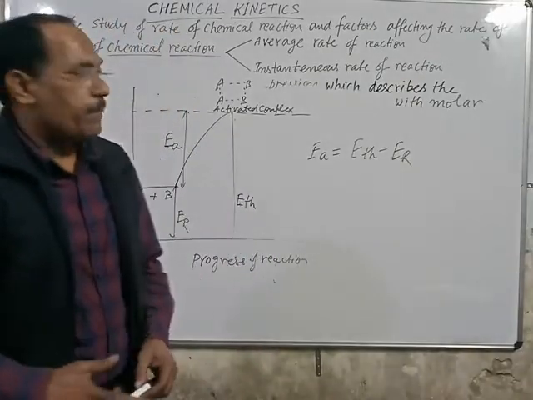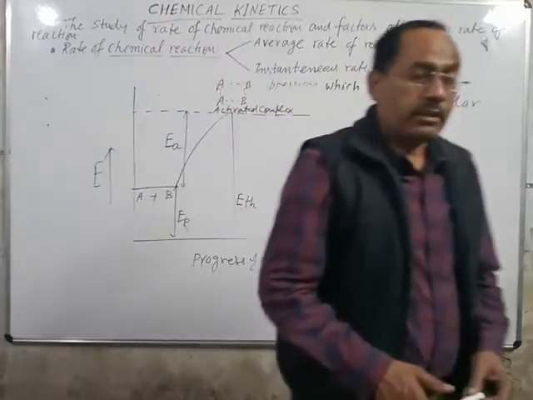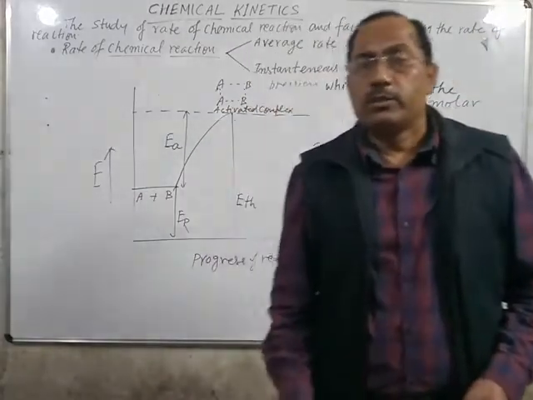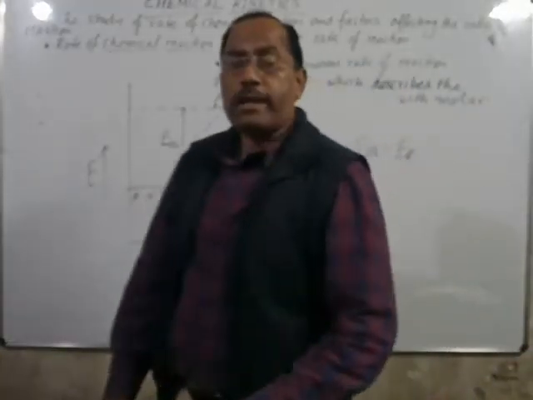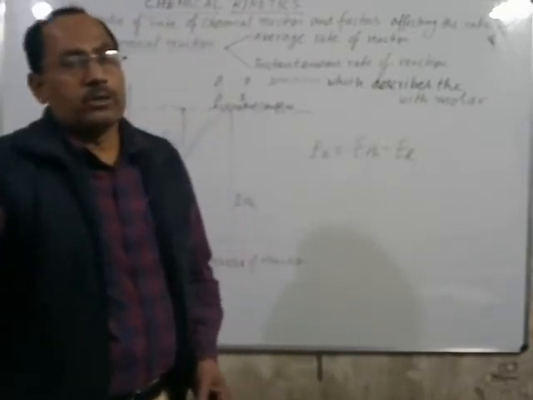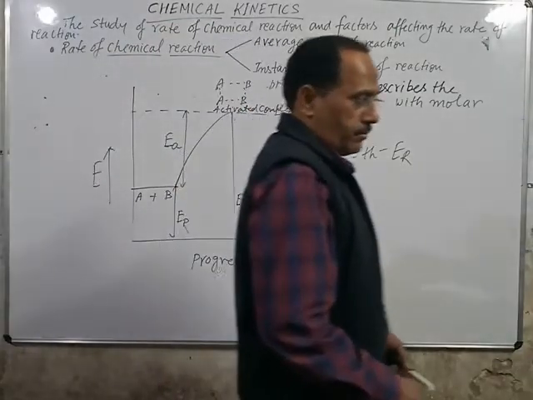The value of energy of activation determines the type of reaction, meaning the reaction is slow, fast or explosive. For explosive reactions, energy of activation is 0, and for slow reactions, energy of activation is high.